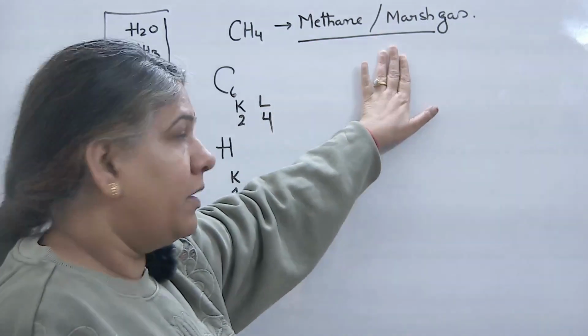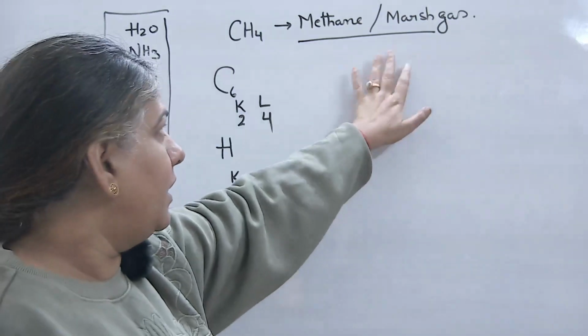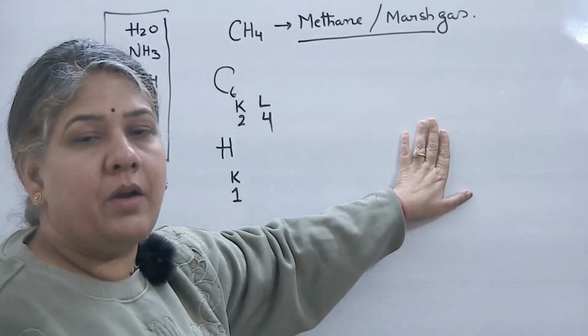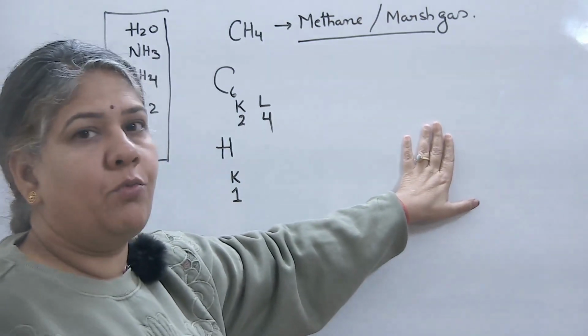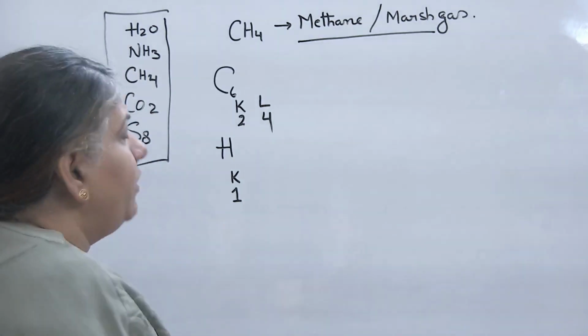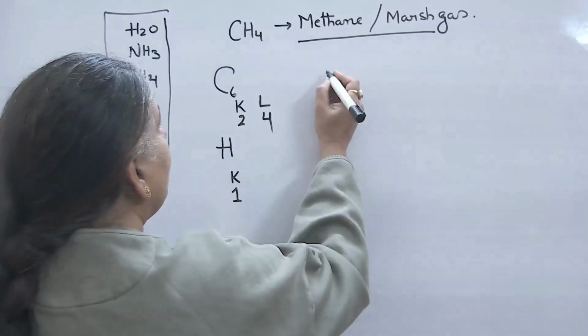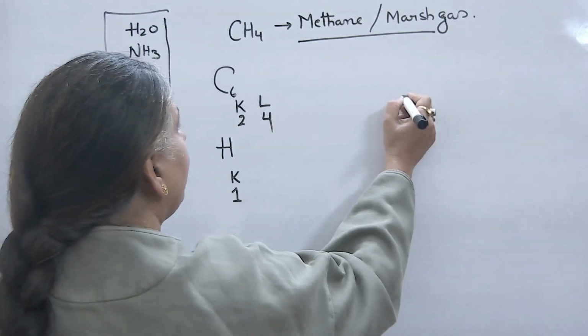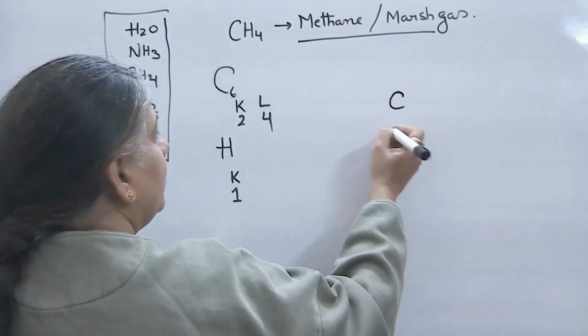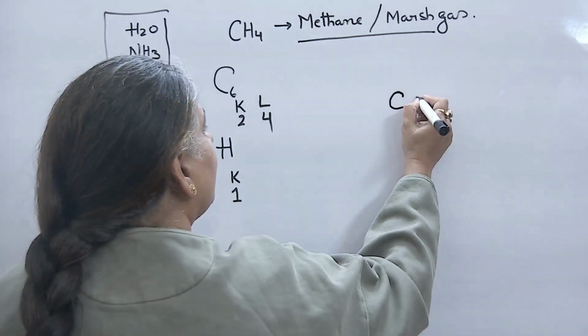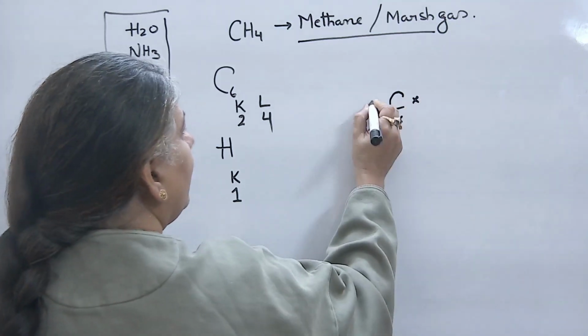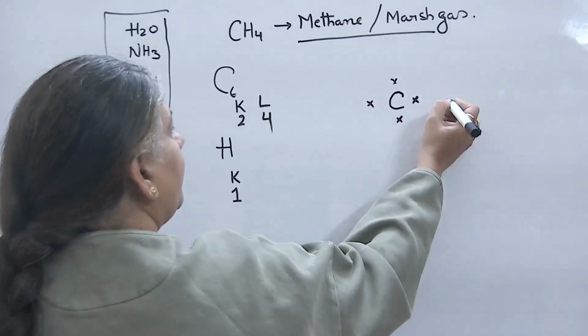It is also called marsh gas. Basically this is produced due to anaerobic respiration in stagnant water, where something is decaying. So you can write carbon as the central atom. Its electrons are arranged in this manner.